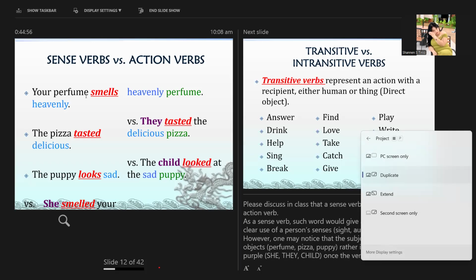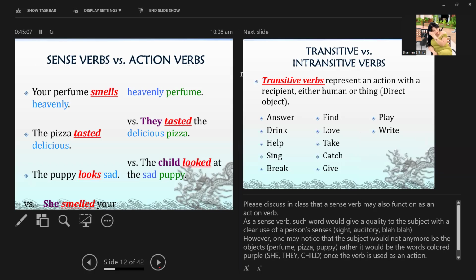Let's use the verb appears. She appears tired after the long trip.